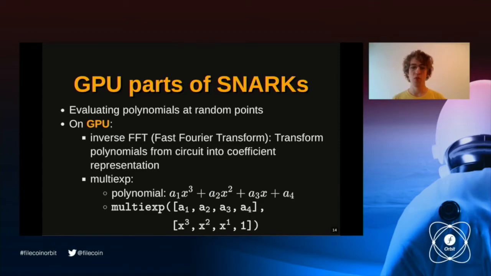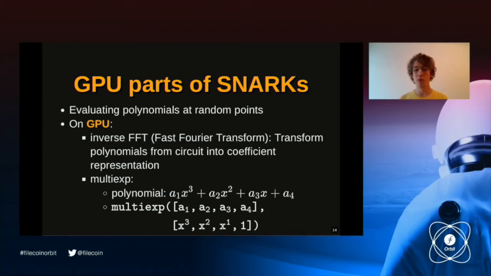So first, what we do is something called the inverse fast Fourier transform. The problem is that in the circuit, those polynomials are represented in a certain way, but to do the actual calculation, we need to represent them in a different way.